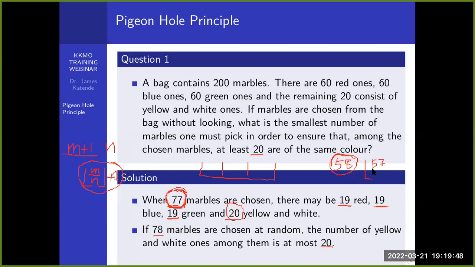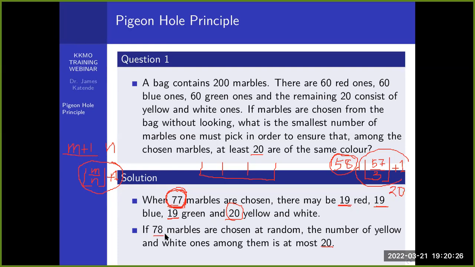Remember, m plus 1 is 58. And you divide this by 3, the number of pigeonholes, then plus 1. So we are guaranteed that at least one of these 3 pigeonholes will have 20, if you split into 3. So 57 over 3 is what? It is 19, and 19 plus 1 will be 20.